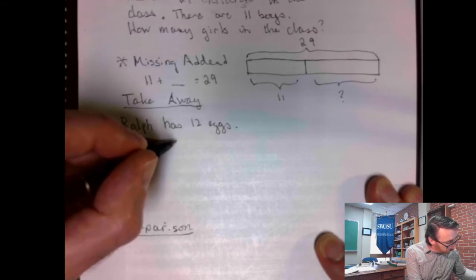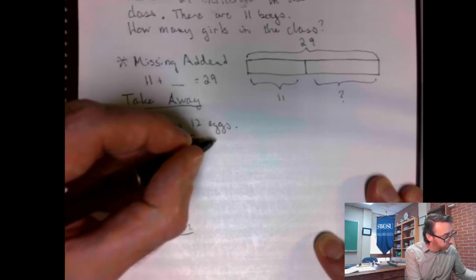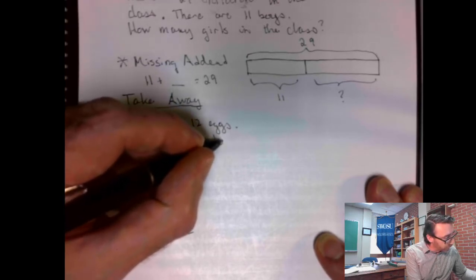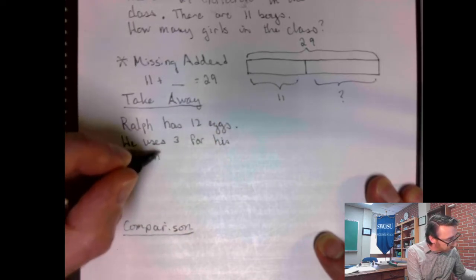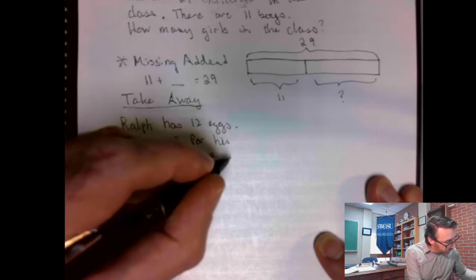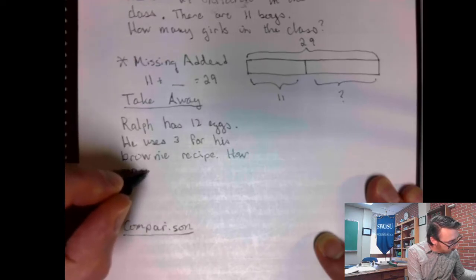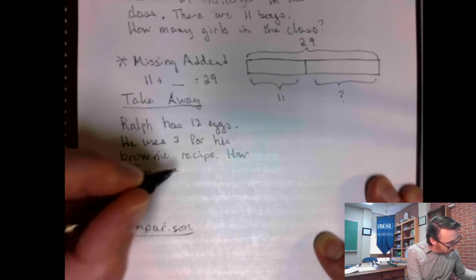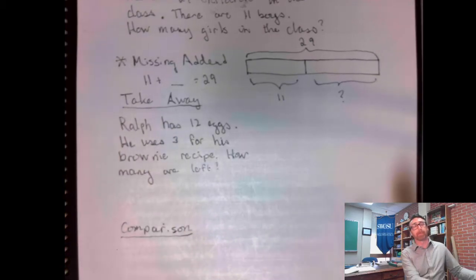He uses 3 for his brownie recipe. How many are left?